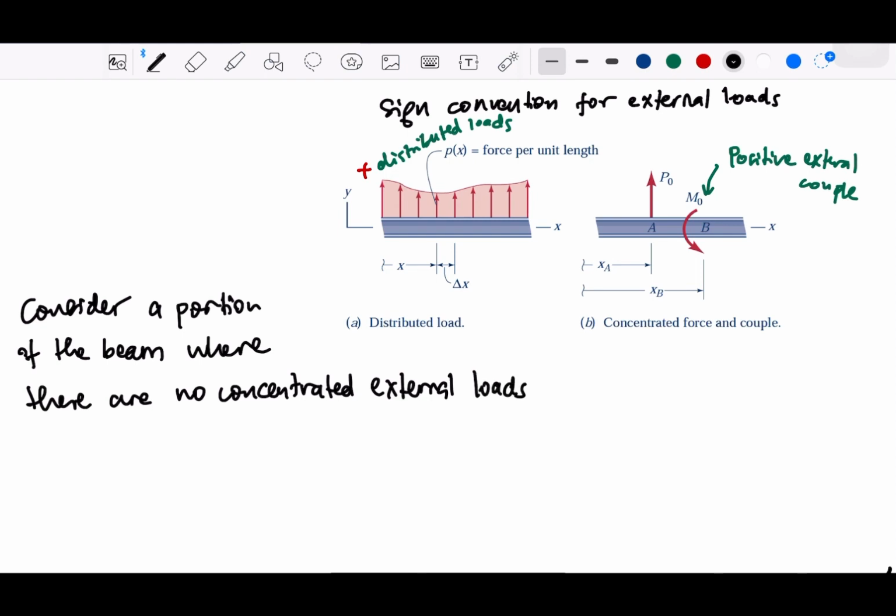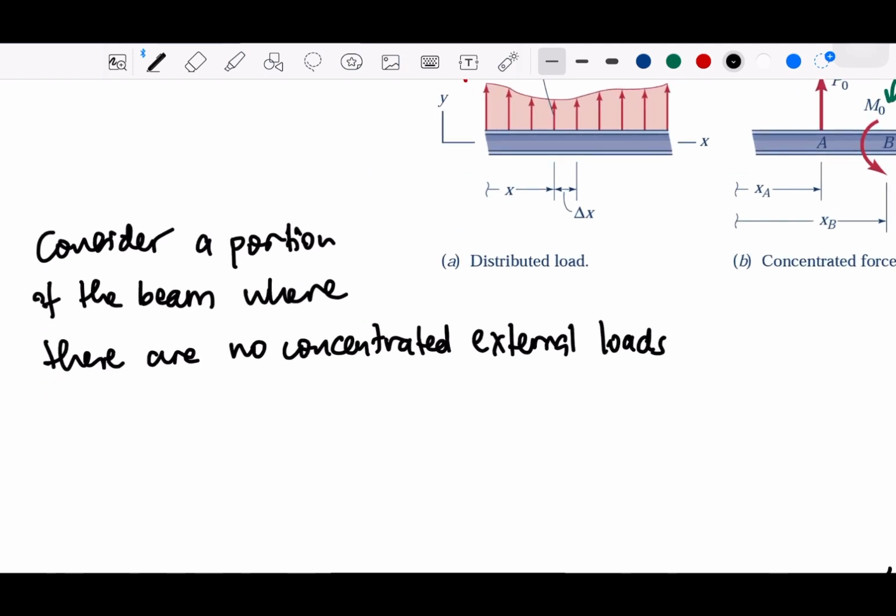So we are going to see the observation on an infinitesimal free body diagram.